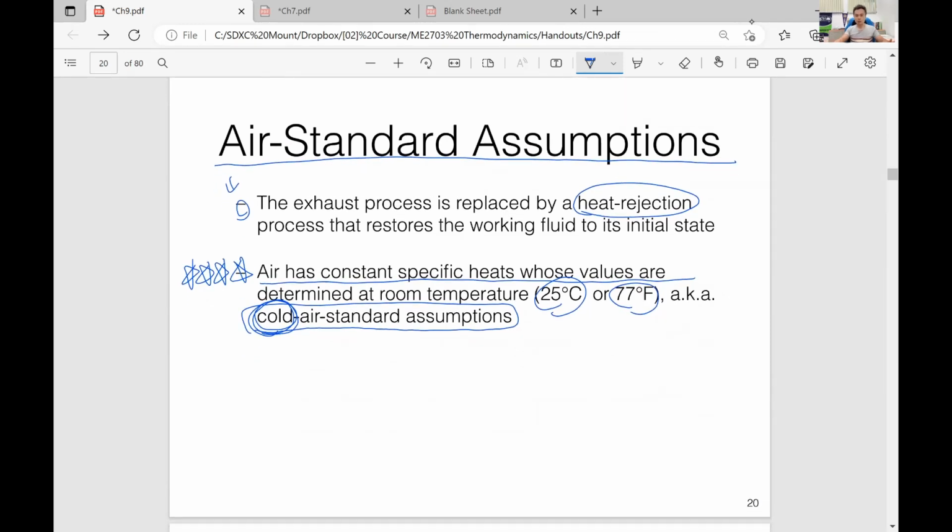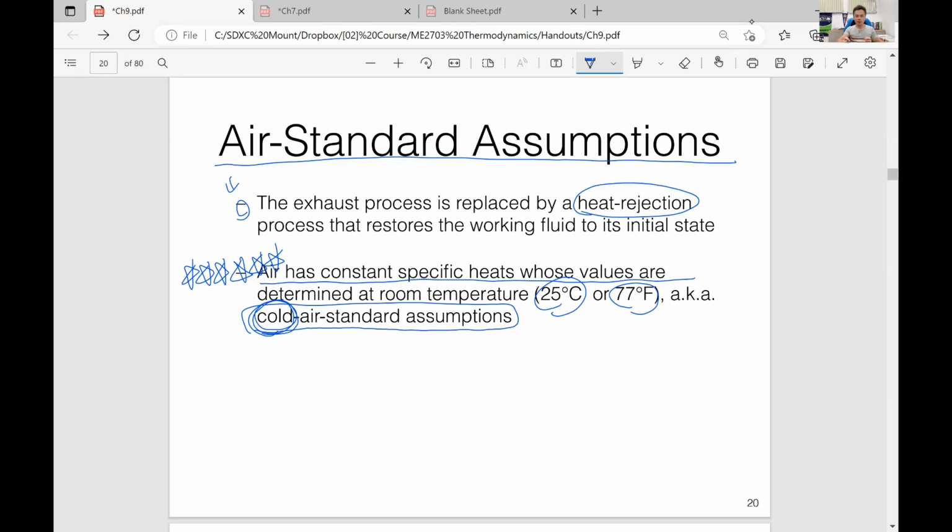But if the problem tells you "using cold air standard assumptions," then you will need to apply this additional condition: you can assume the specific heats of air are constants, and these constants can be determined at room temperature, which is 25 degrees C or 77 degrees F. So again, cold air standard assumptions are a little bit different from air standard assumptions.